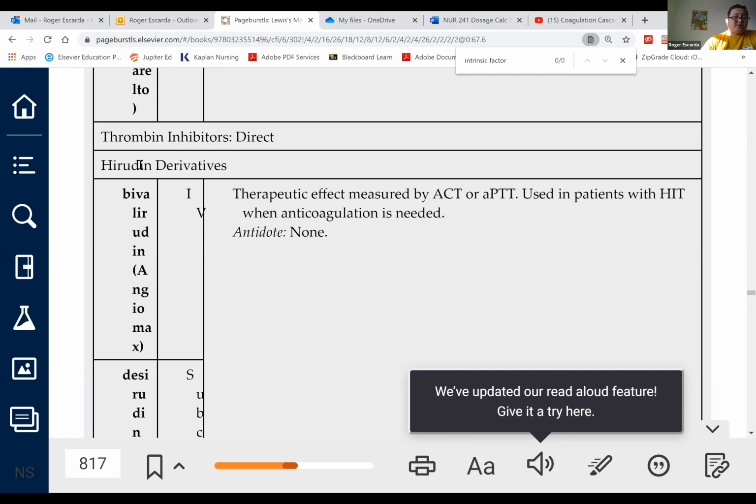It is also used as an alternative in HIT, which you learn in chapter 30.